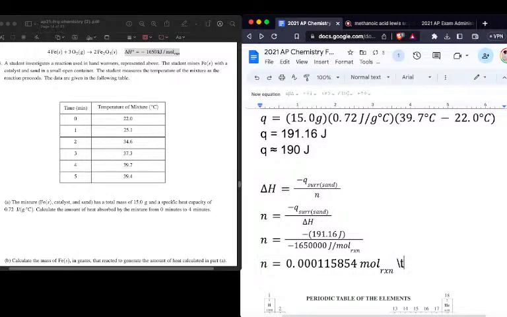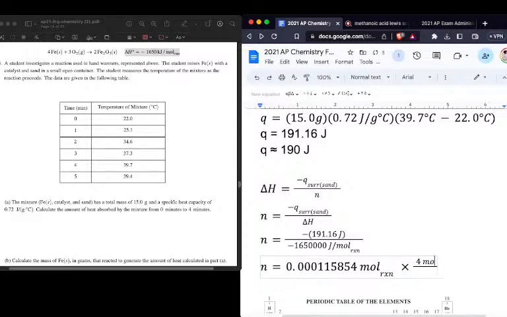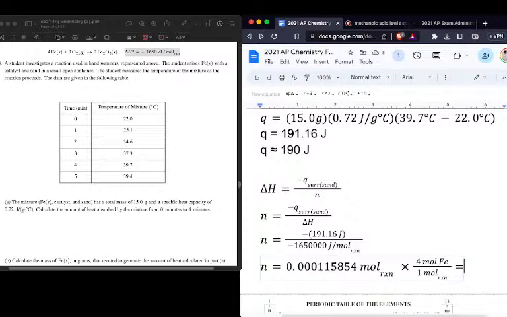The reason I'm doing that is because we actually have more iron reacting than just that number of moles. We actually have 4 moles of iron reacting for every 1 mole of the actual reaction that occurs. That's because of the 4 that's in that balanced chemical equation.